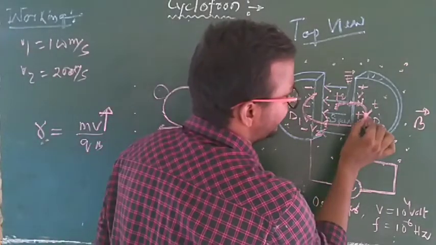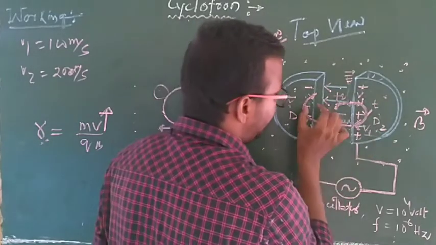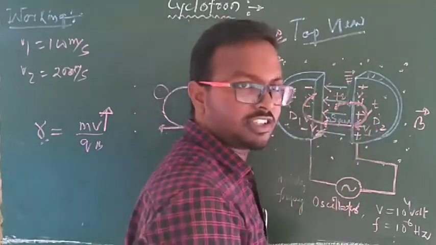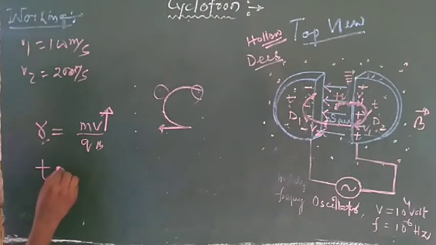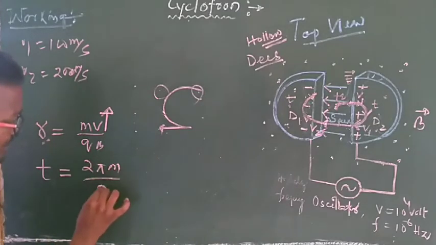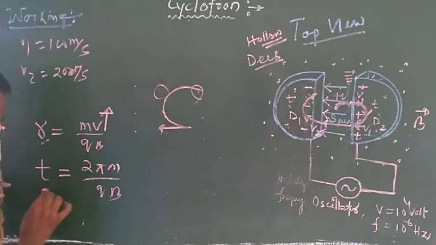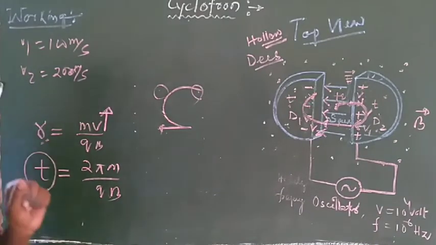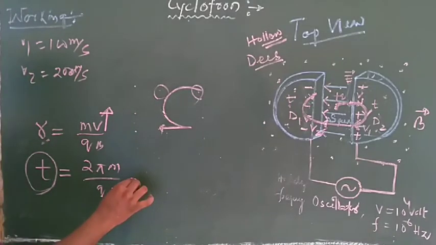So if this radius is small r, then this radius is capital R. That means this radius is greater as compared to this radius. But when a charged particle accelerates in a uniform magnetic field with velocity v, then T equals 2 pi m by qB, the time taken by the charged particle to complete the circular path, which is independent of radius.